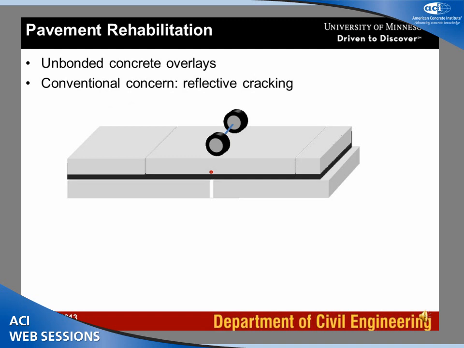All of you know that it's a way to rehabilitate concrete pavement in poor condition by placing an interlayer and placing an overlay on top of it. Although the interlayer is supposed to separate the existing pavement and cracks in the existing pavement from the overlay, still reflection cracking is a major concern.